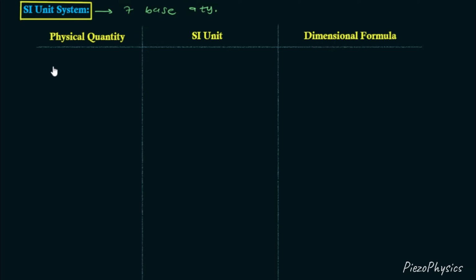So the first physical quantity is length, whose SI unit is meter, and dimensional formula is L1, right? If length is 1, it will be represented as length L1. If length is twice, meaning it is the square of the length, it will be represented as L2, like area, and for volume it will be L3.